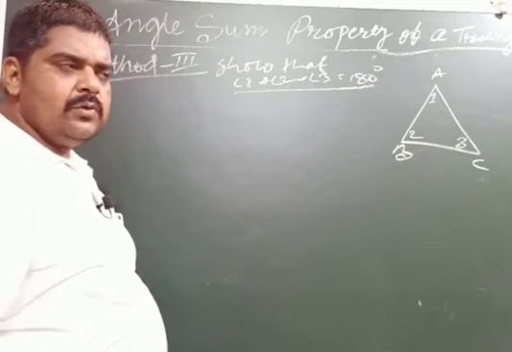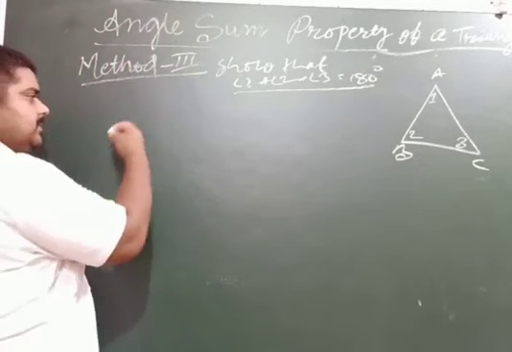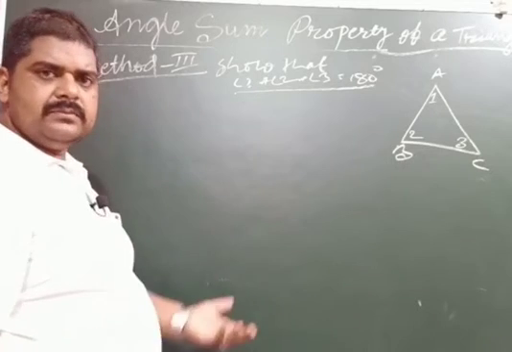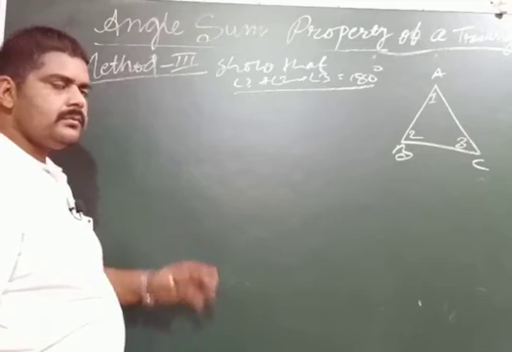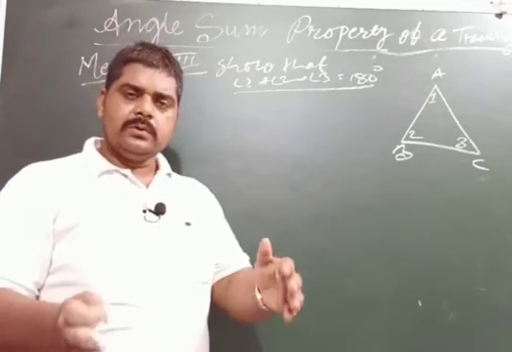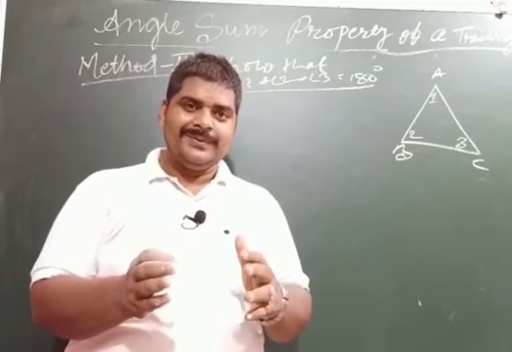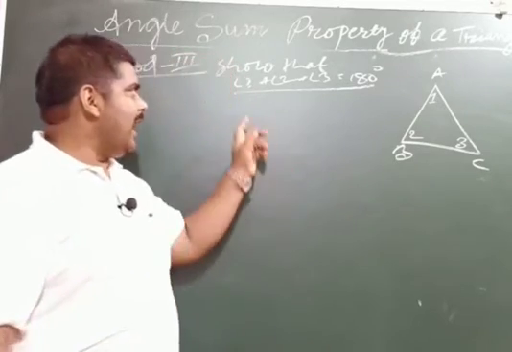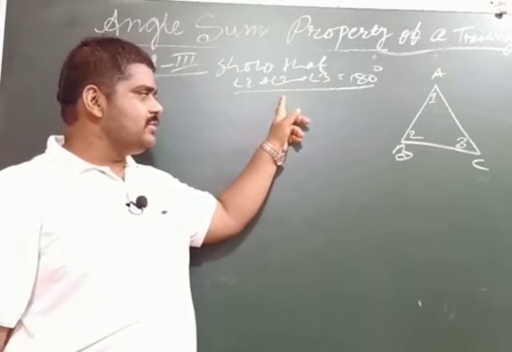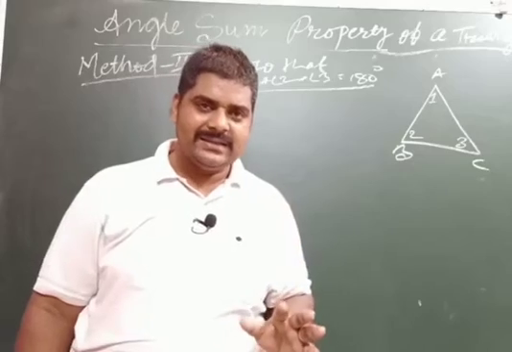In this method you have to follow some technique, a systematic order. Let's start how to utilize the third method to show that angle 1 plus angle 2 plus angle 3 is equal to 180 degrees.